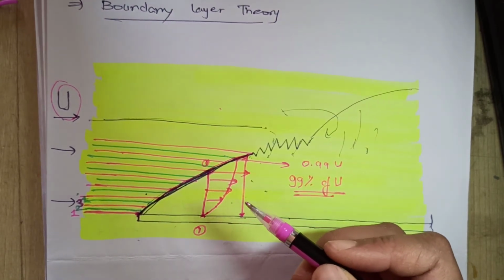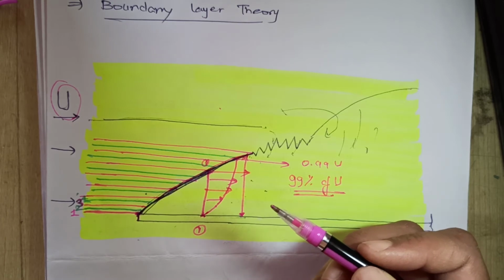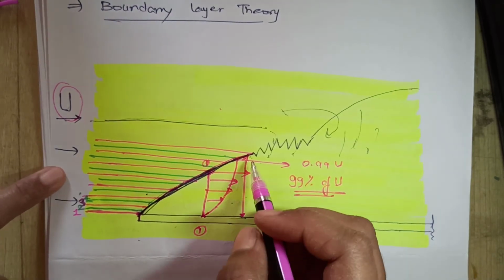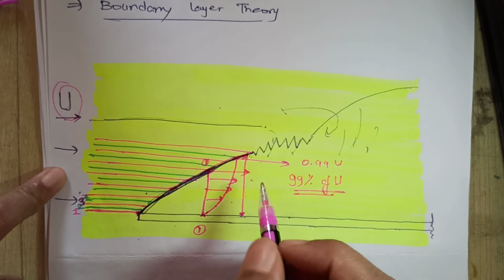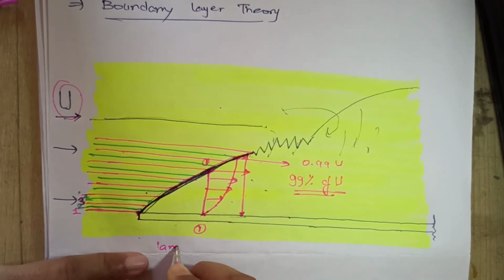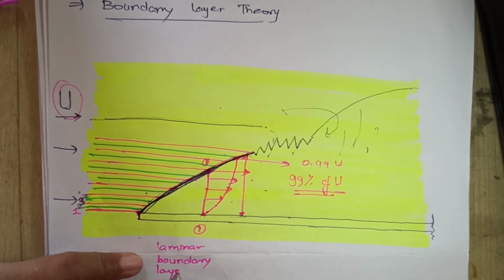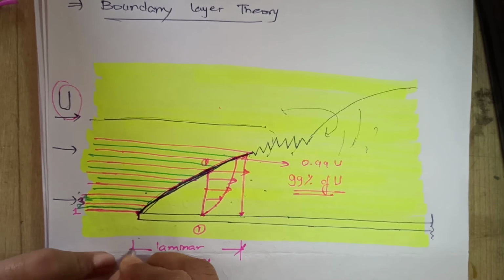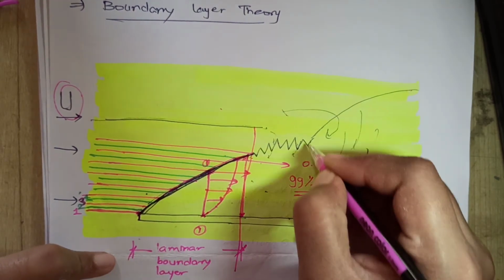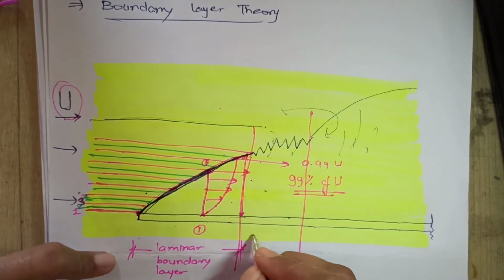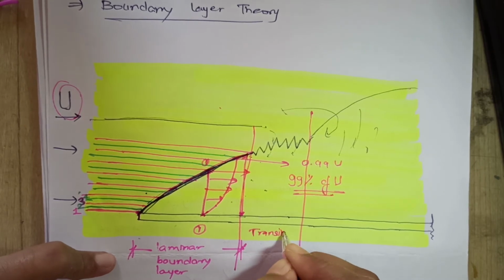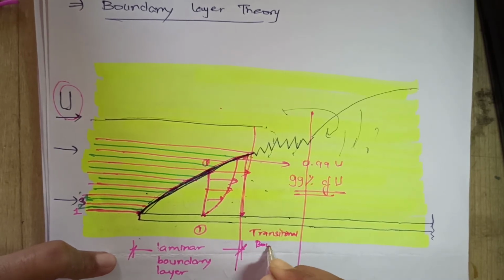Okay, now further what happens, this curve where the boundary layer pressure is very high and it is not being disturbed by the outer flow is called as laminar boundary layer. Now this part of the boundary layer where the boundary layer has fluctuated is called as transitional boundary layer.